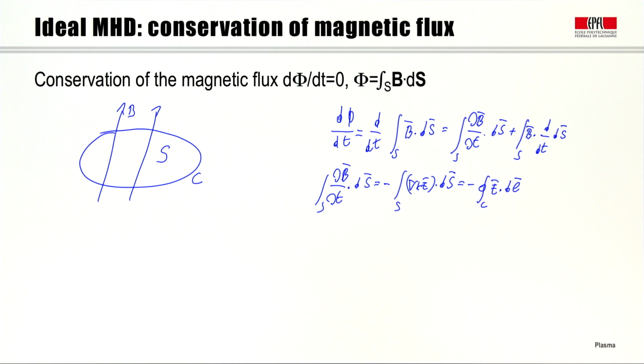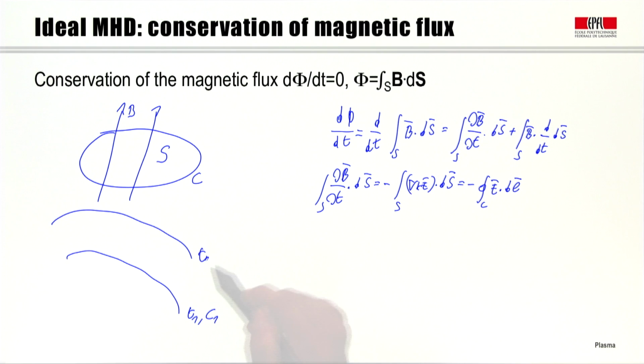Now we can work on the second term. So we are looking at the time derivative of the surface element dS. So at time t1, the surface element is delimited by this contour C, which moves at time t2 to a different contour C2.